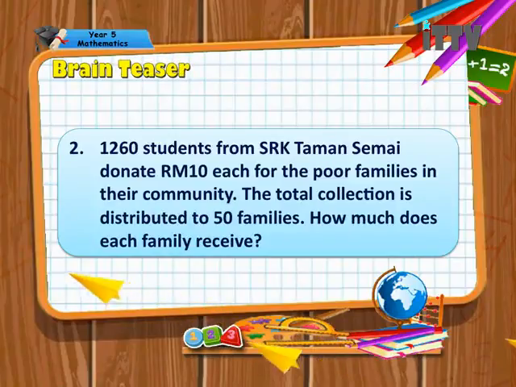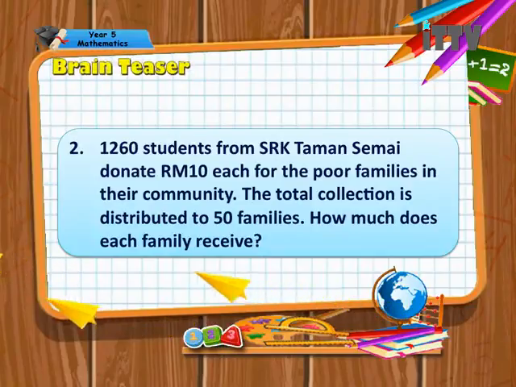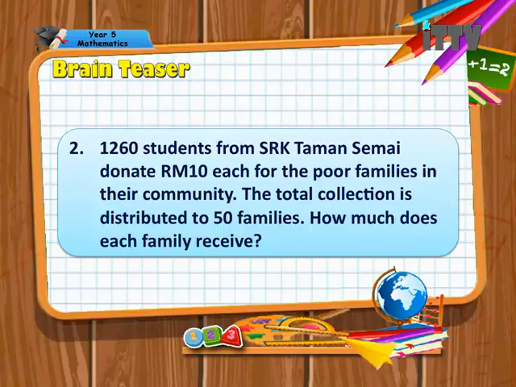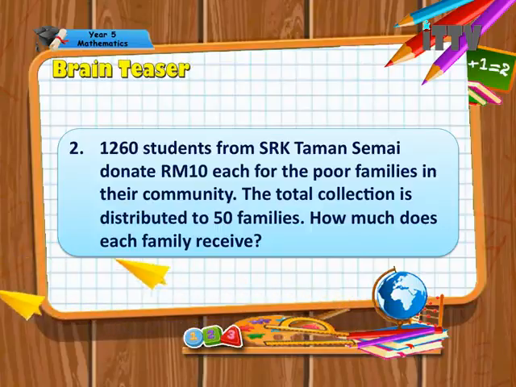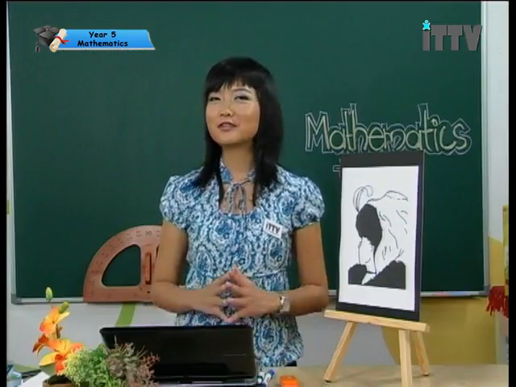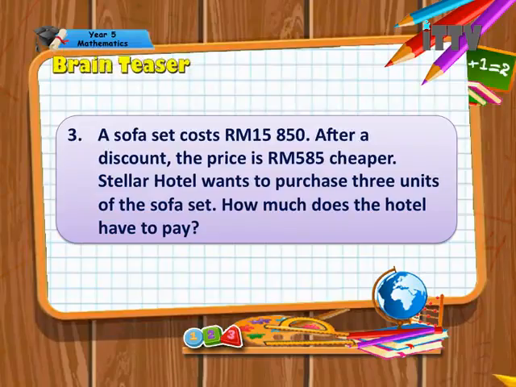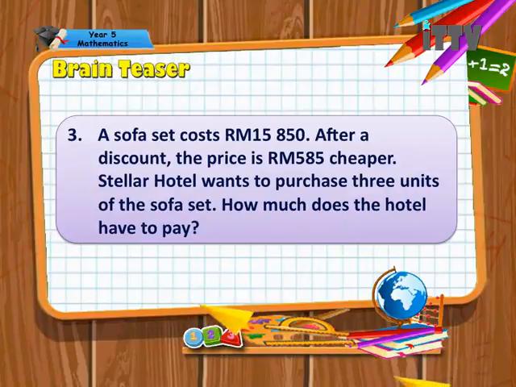Question number 2. 1,260 students from SRK Taman Semai donate 10 ringgit each for the poor families in their community. What good students they are, right? The total collection is distributed to 50 families. How much does each family receive? And now, let's go to the third question. This problem is about a sofa set.